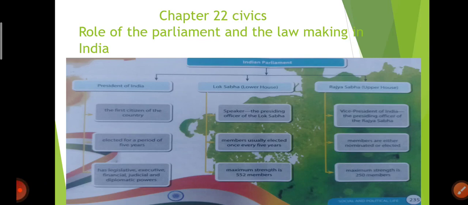Any bill is passed with the consent of the President. Next, judicial power. He or she can seek any information for the country from the Supreme Court or the High Court for his or her judicial review.